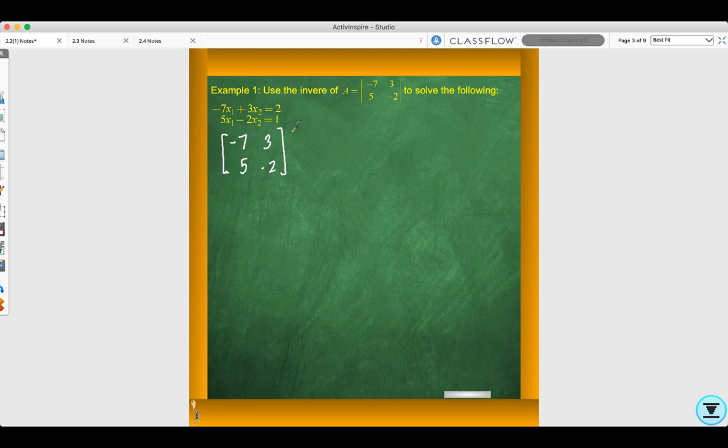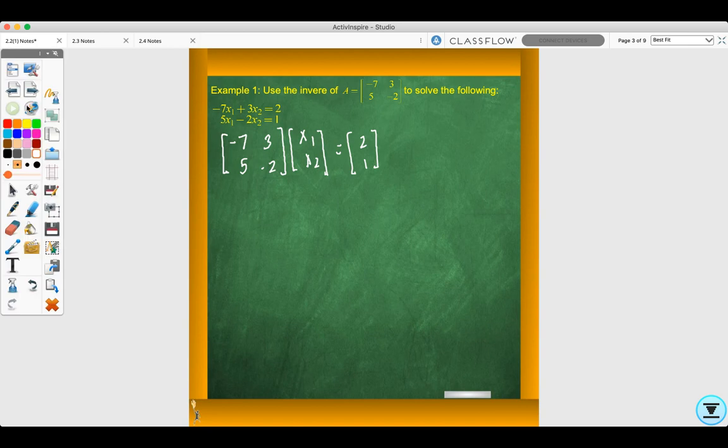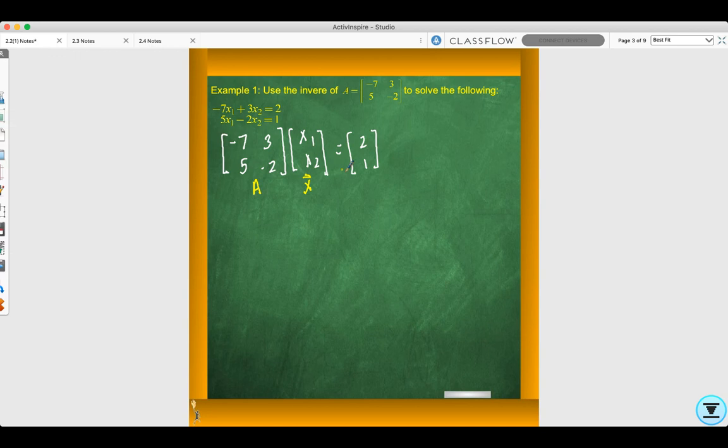That would be my A. Then my vector x, and this would equal B. So here I have A, x, and B.